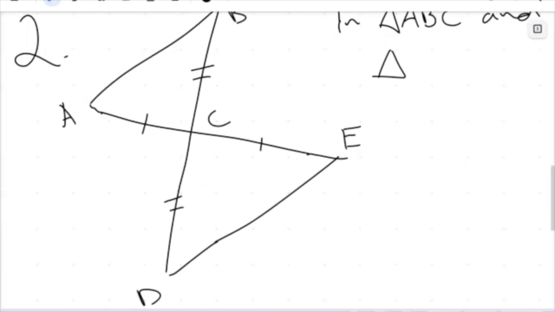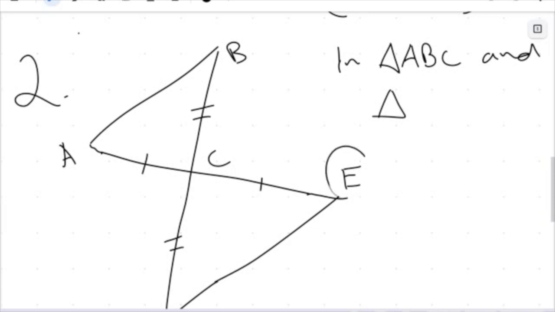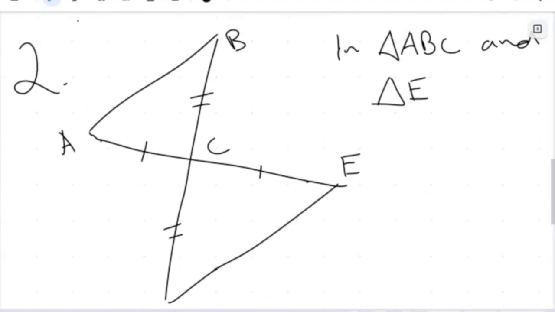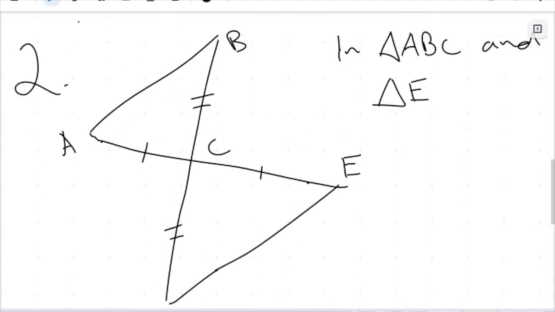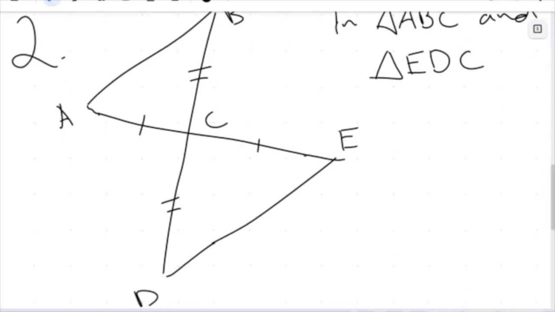So I can see C is my shared point for both of these, but I can see E is the point that's as far away from C as A. So these two are corresponding points here. So instead of A, I'm going to write E because I'm talking about my second triangle. And my point corresponding to B is going to be my point D. And C is the same. So I'm going to write that here.